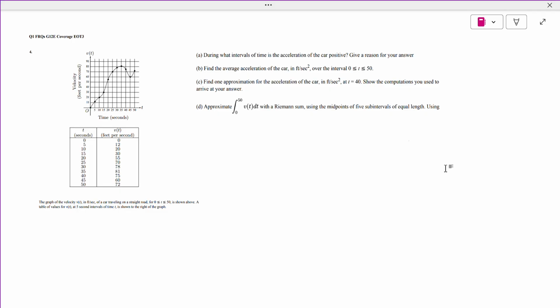So, part A, during what intervals of time is the acceleration of the car positive? Give a reason for your answer. So, part A, the acceleration is positive when v of t is increasing, right?